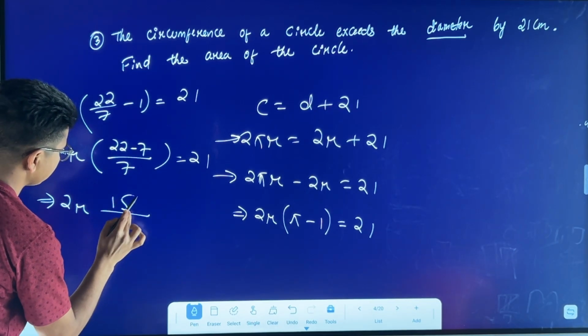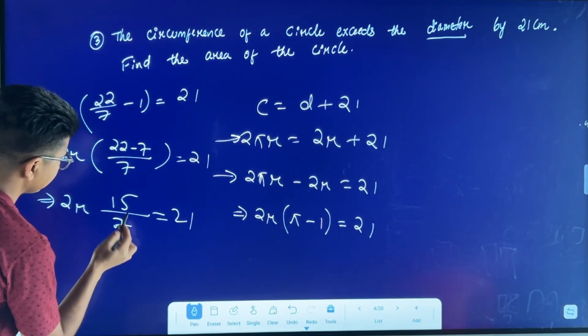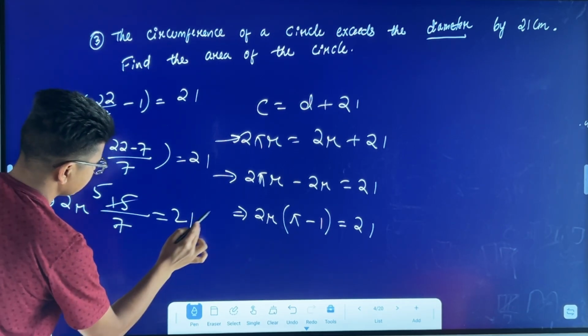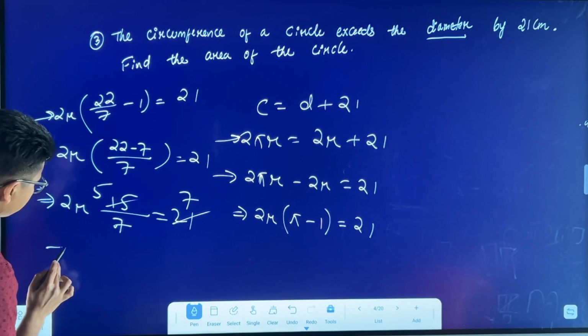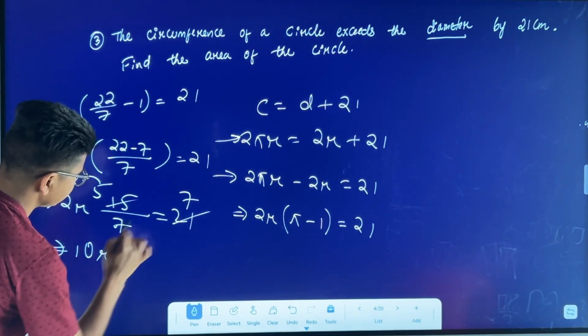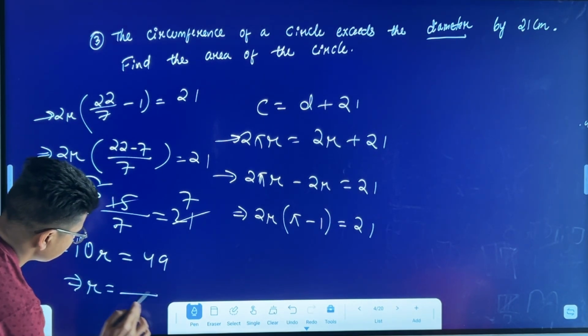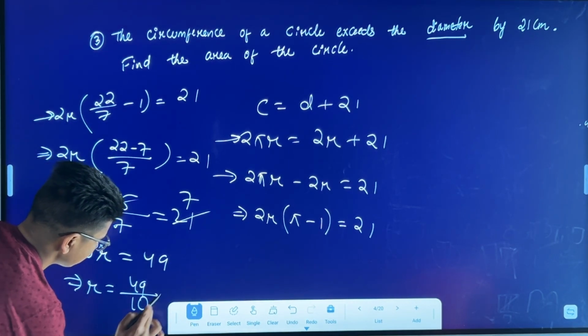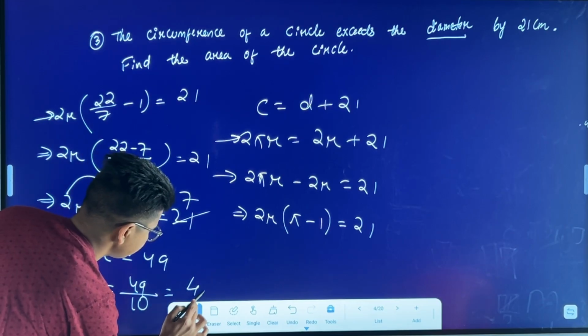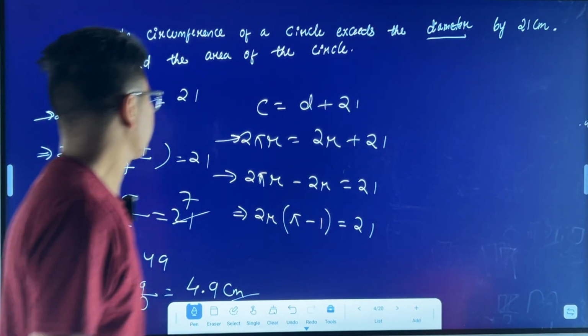It will be 15 divided by 7 equals 21. Then 3 5s are 15, 3 7s are 21. Then 5 2s are 10. 10r equals 7 7s are 49. That means r will be equal to 49 upon 10, or can be written as 4.9 centimeter. This is the radius.